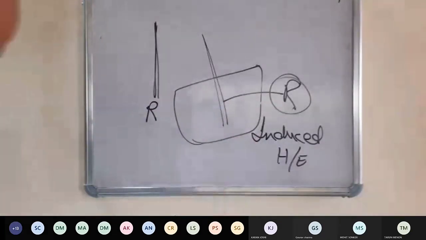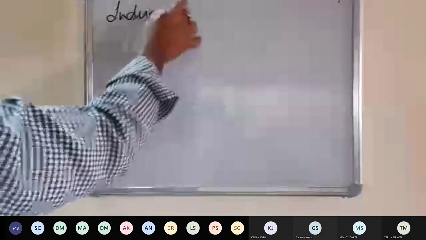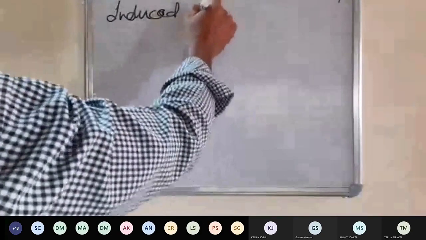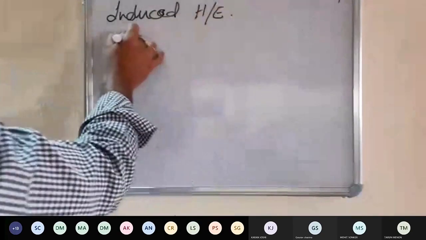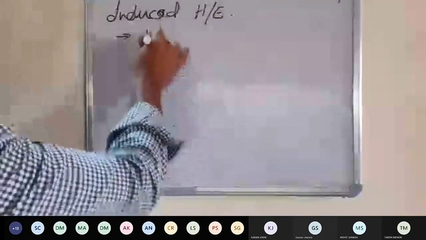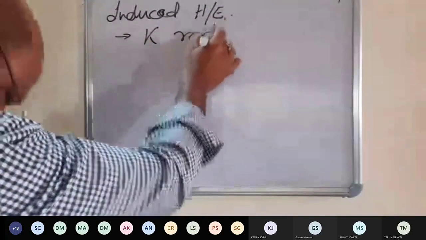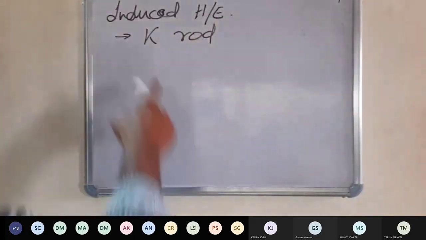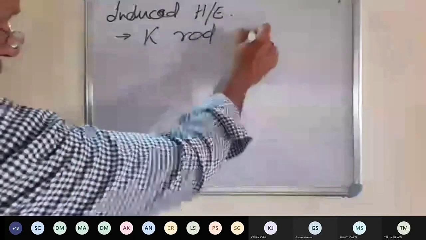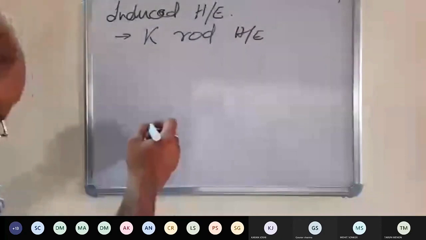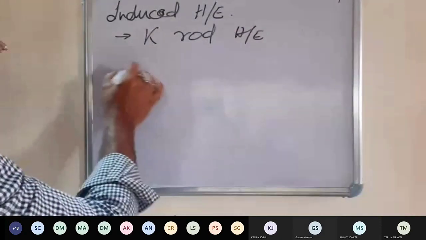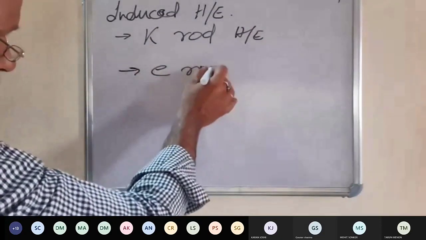So this can happen. The induced heeling error can happen in various rods. It can happen due to K rod, so we can say K rod heeling error. It can happen because of E rod.